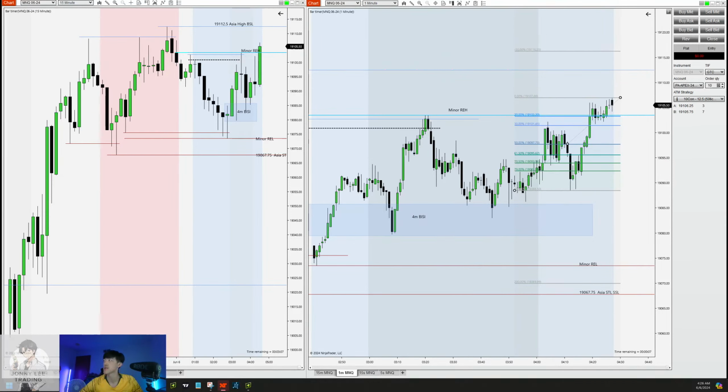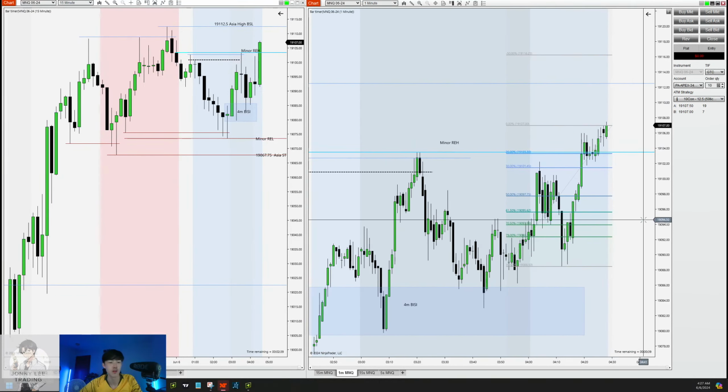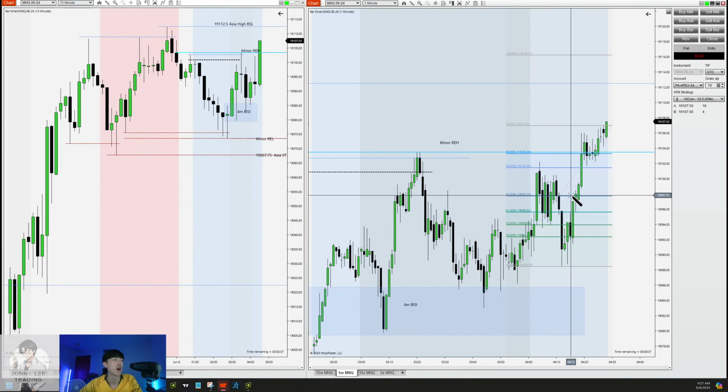About 4 minutes. Okay. About 3 minutes remaining. So note that the equilibrium point on this move here, we have this being our equilibrium point here.